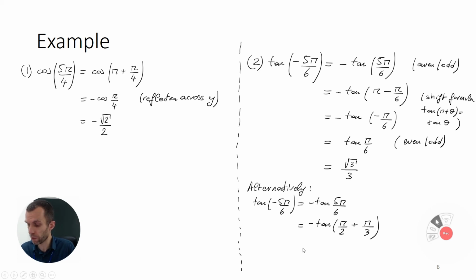It's a different decomposition, but it's a good one because now we have that pi over 2 and we know how to shift by pi over 2. And then we can write this as cotan of pi over 3. So this is one of the shift formulas, and this should give you the same result of square root of 3 over 3.